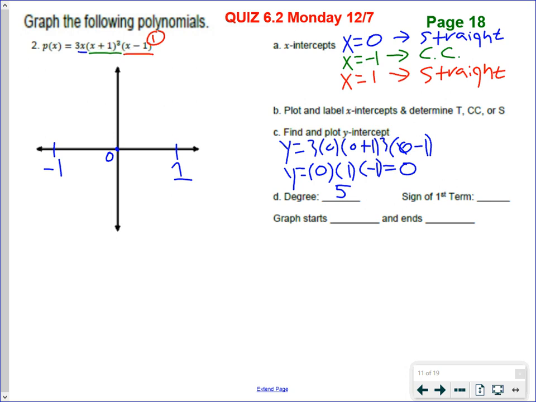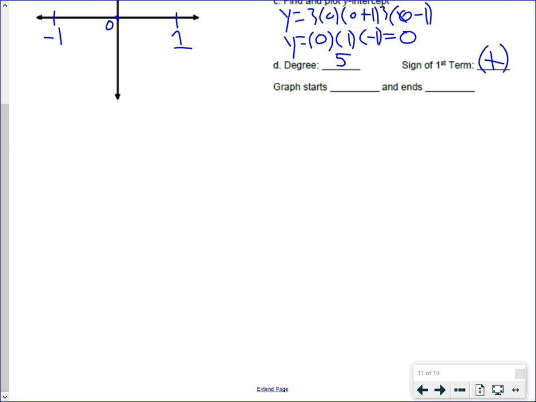Now we're going to look at the sign of the first term. In this problem, our first term is 3. 3 is a positive number. So the sign of the first term is positive. So we're going to graph a positive odd degree function. So we can look at f of x equals x to the third power.